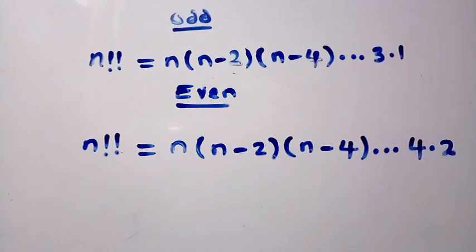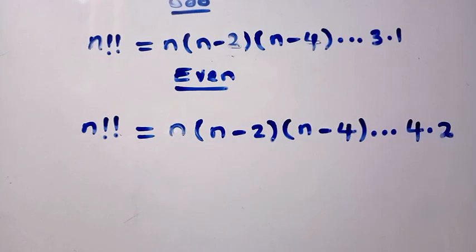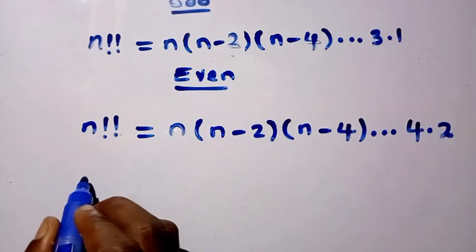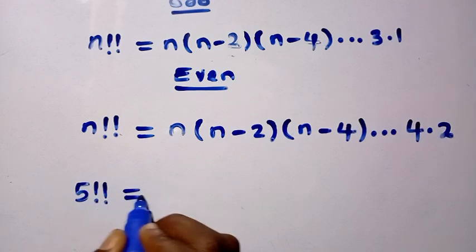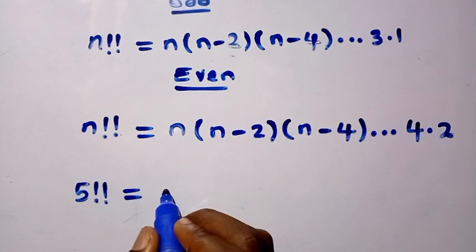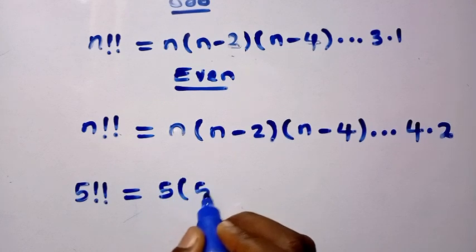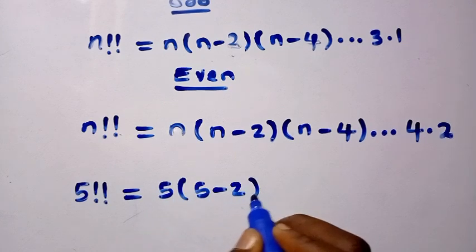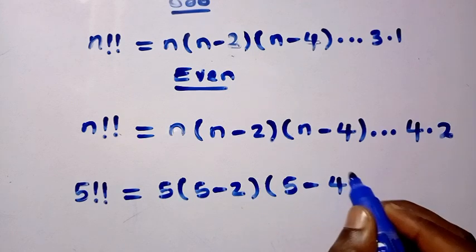Then, from the given question, we have an odd number, which is 5 factorial factorial. So we're applying the first formula. We have 5 factorial factorial, so this is going to give us 5 into bracket of 5 minus 2 into bracket of 5 minus 4.